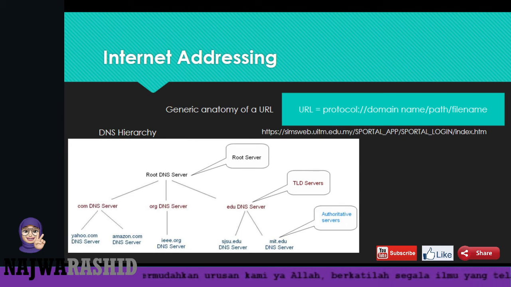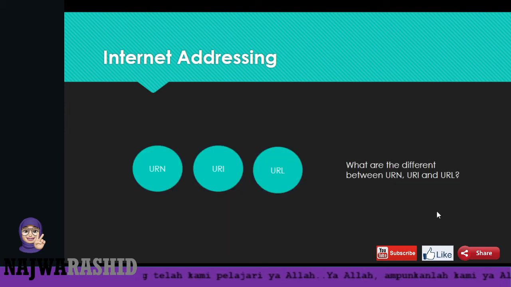Okay, now we focus on what is URL, what is URI, and what is URN. What is the difference between URN, URI, and URL? Okay, URL is now considered a subset of the URI.